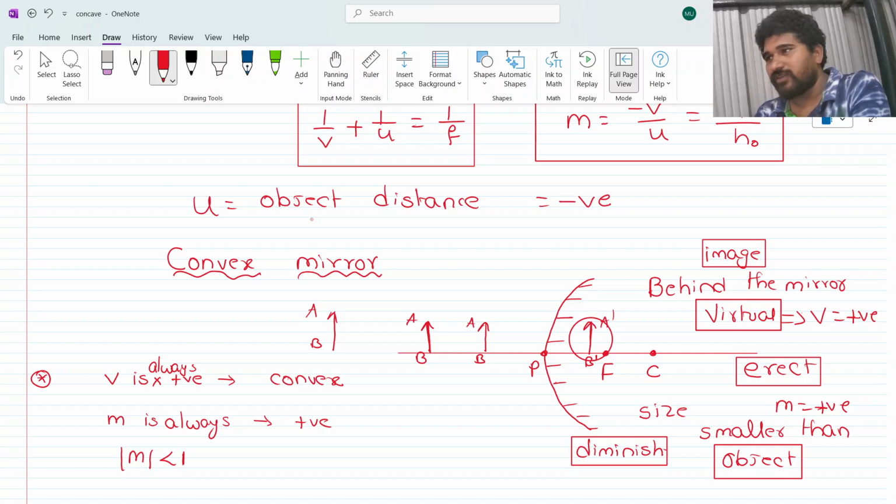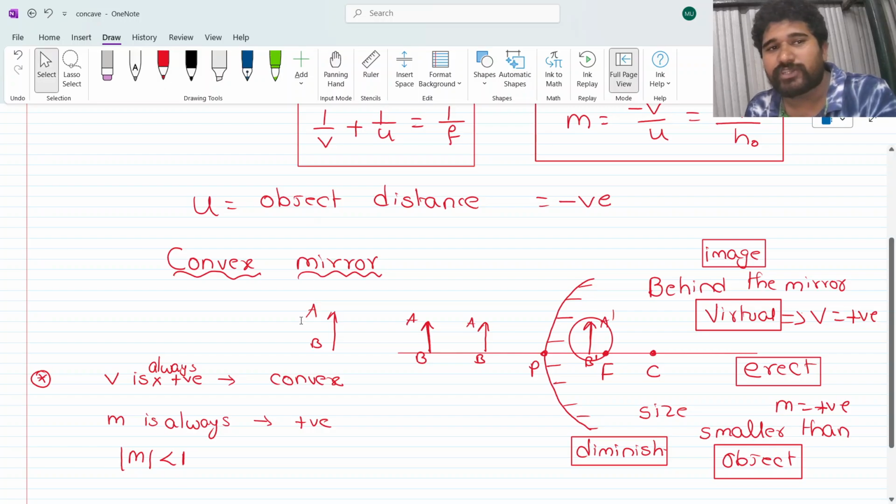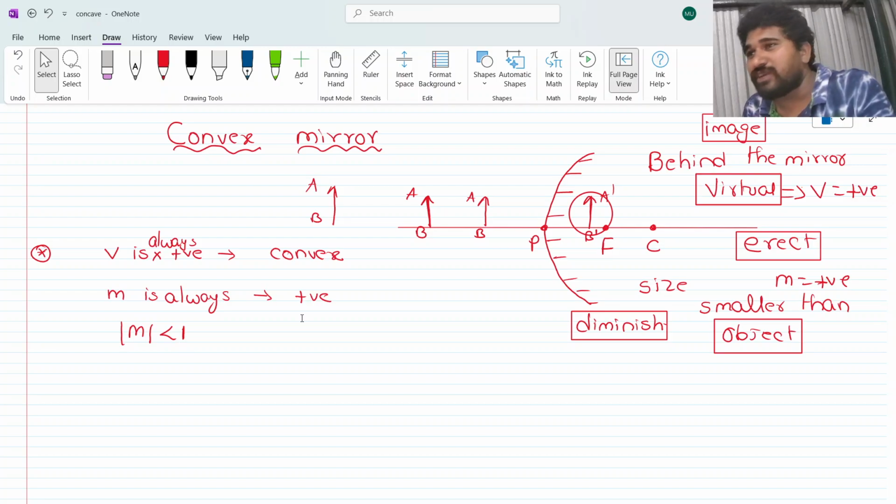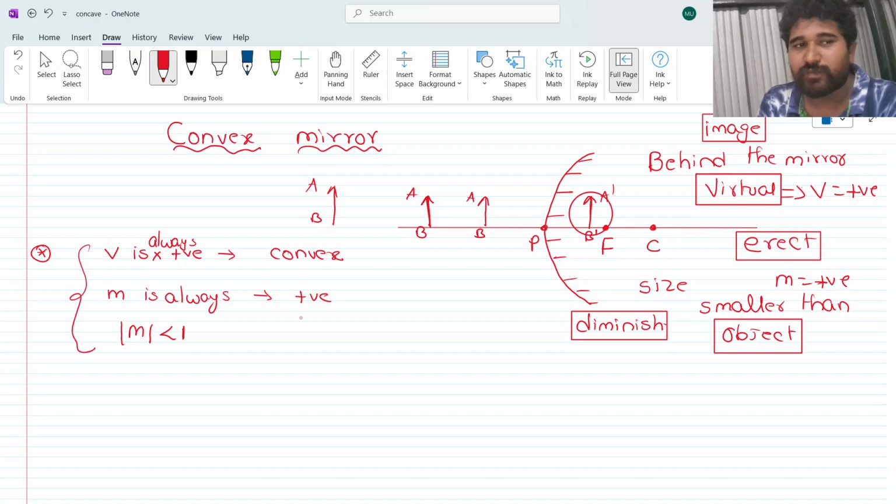Is that clear for everybody? What are the conclusion points about the convex mirror? V always positive, M always positive, size diminished. That means the absolute value of M is always less than 1. These are the 3 conclusion points you should know about the convex mirror.